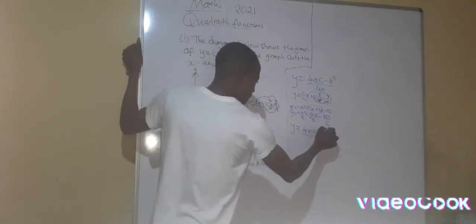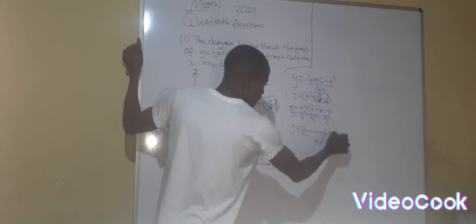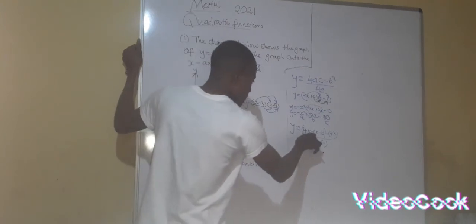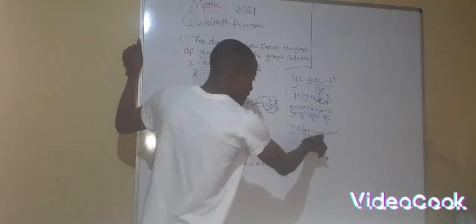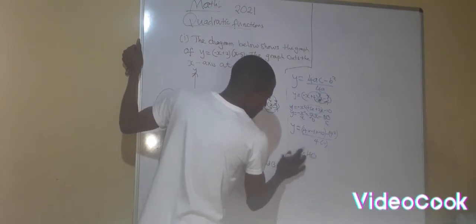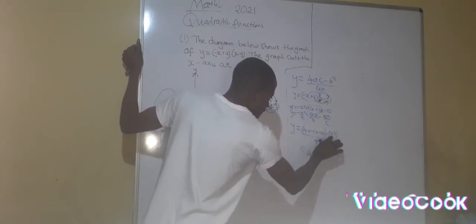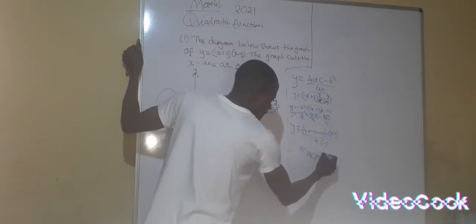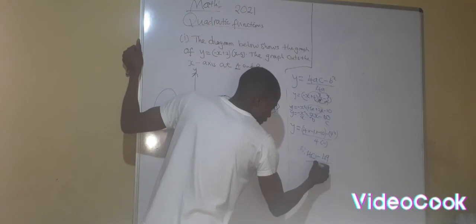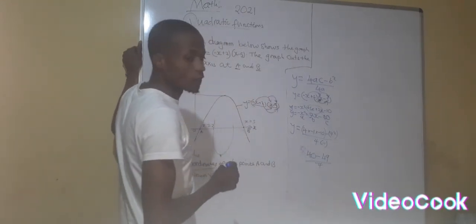Now you simplify this separately to avoid having wrong answers. So 4 times negative 1 is negative 4, times negative 10, which is positive 40, then minus 7 squared, which is 7 times 7, giving you 49, over 4 times negative 1, which is negative 4.